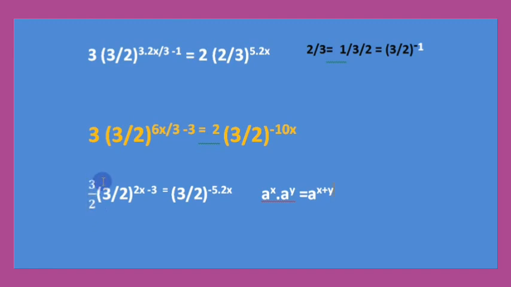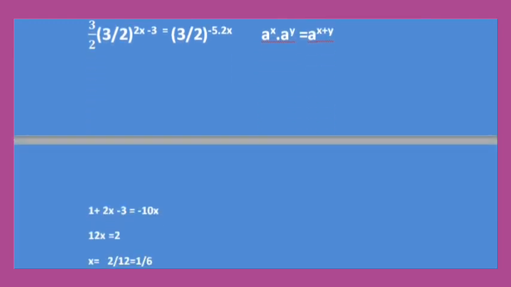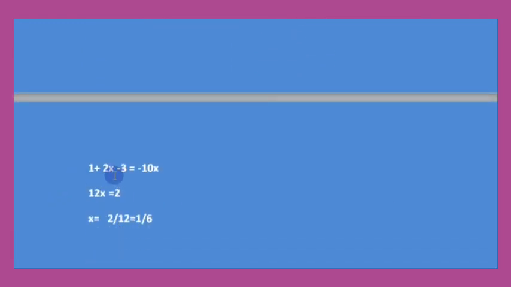So the same is true here: 3 over 2 the power of 1 times 3 over 2 the power of 2x minus 3. So we will add the powers. Therefore it would be 1 plus 2x minus 3 is equal to minus 10x.